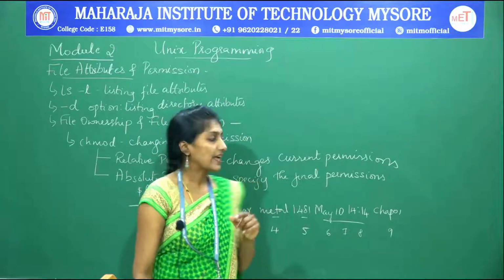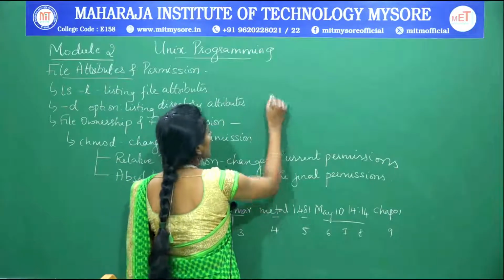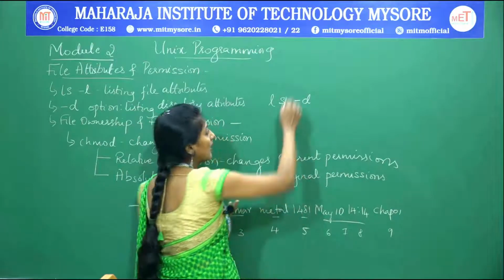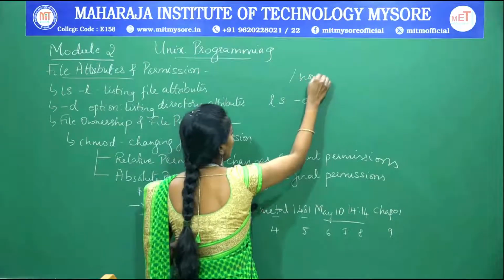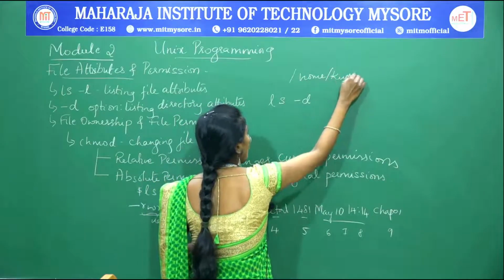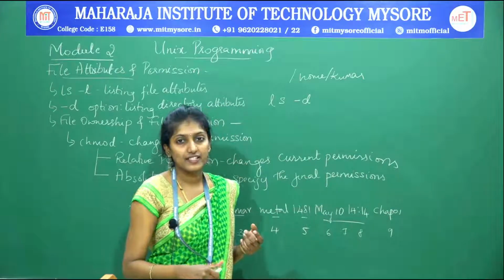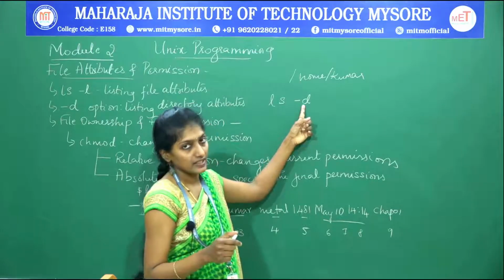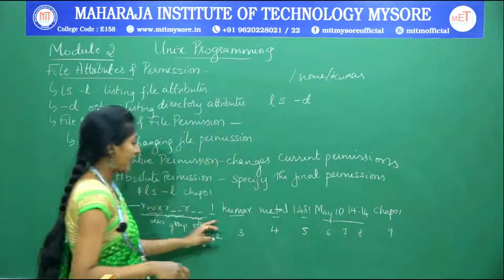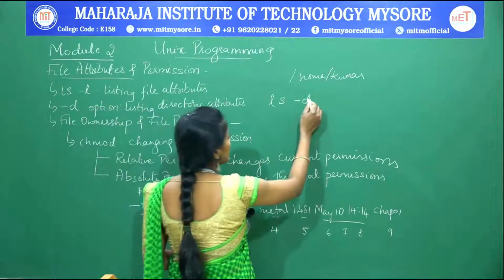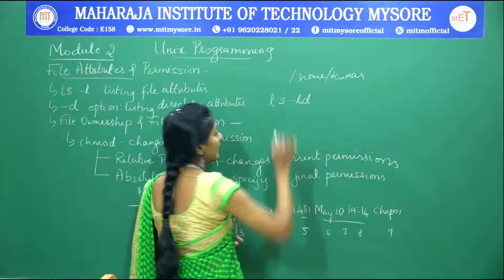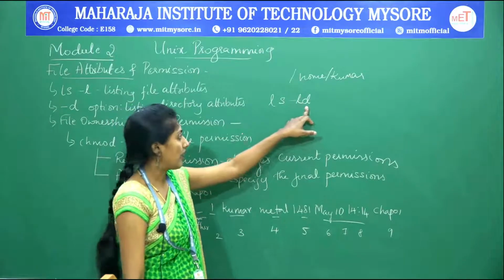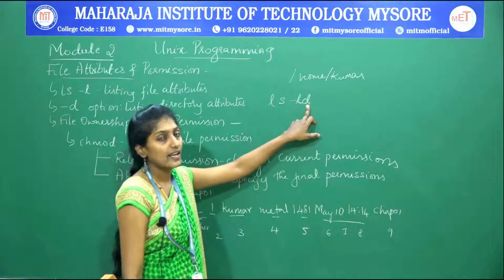So by using ls -d with any directory, if you are under the current directory like home/Kumar, then under Kumar, the directory files will be displayed here. And if you want to list out all the attributes of this also, along with this d you can execute ls -ld. So this is the directory file attribute that -d represents here.